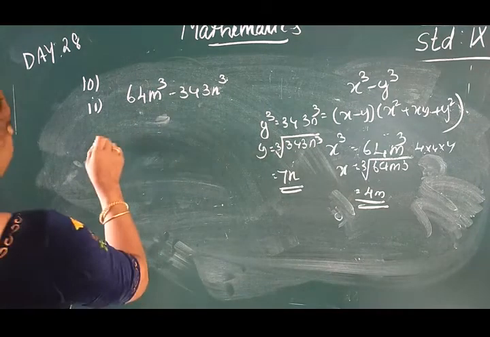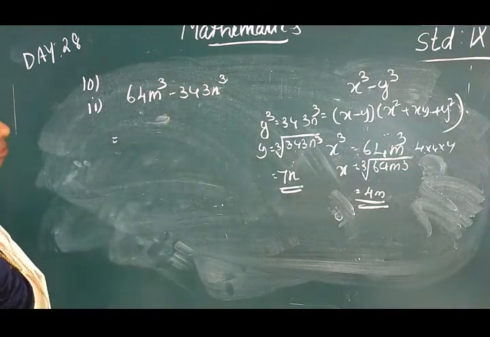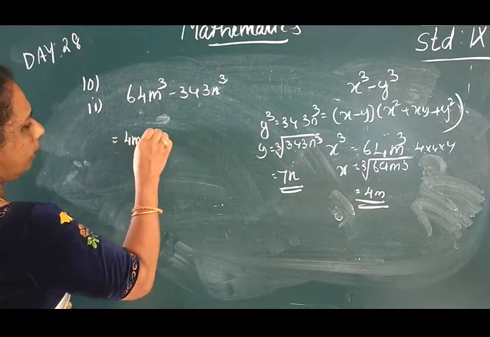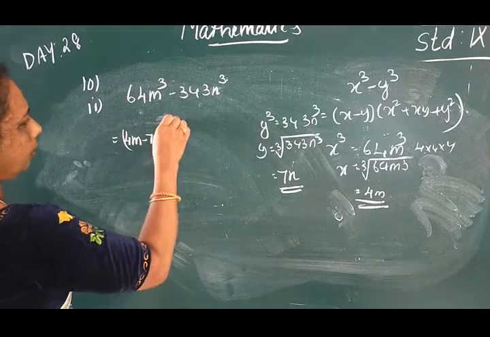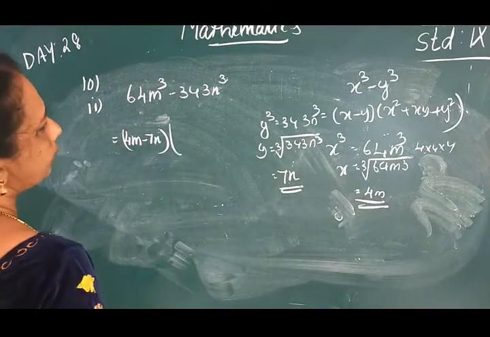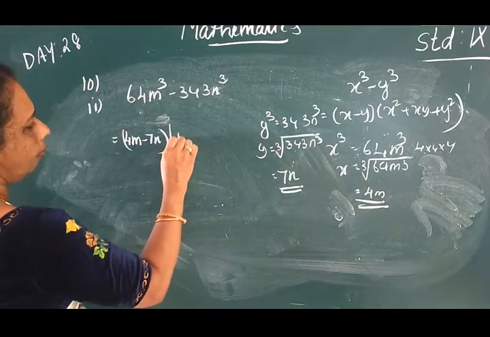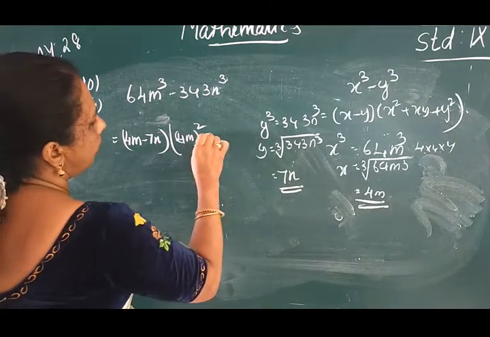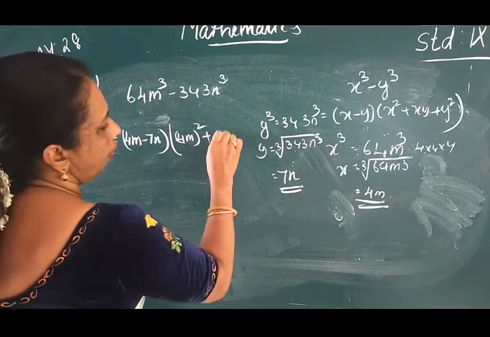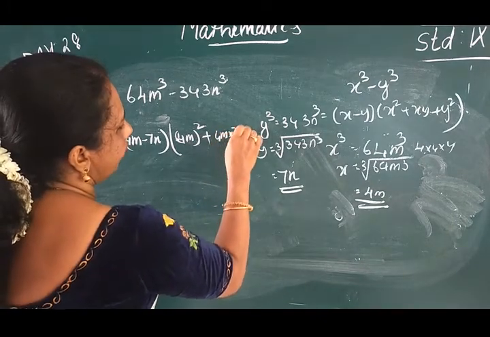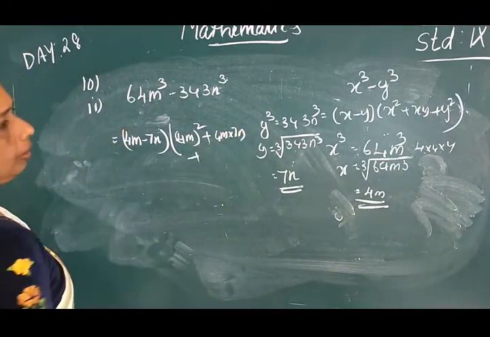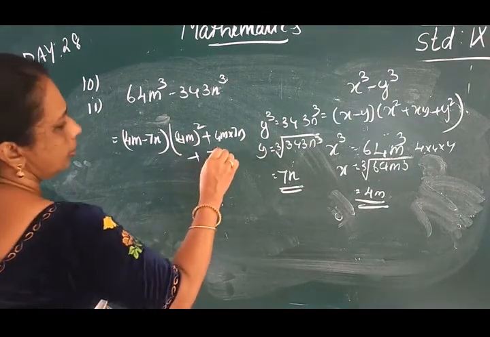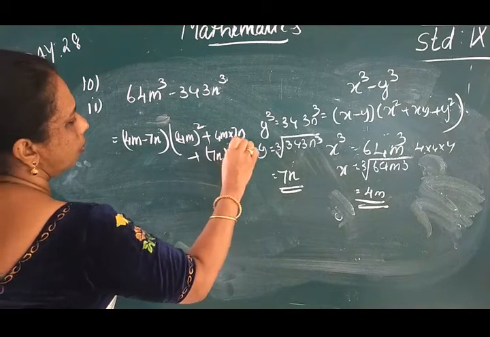So we can write the expanded form. x minus y, x is 4m minus y is 7n, into x square, what is x? (4m) whole square plus xy, 4m into 7n, plus y square, (7n) whole square.